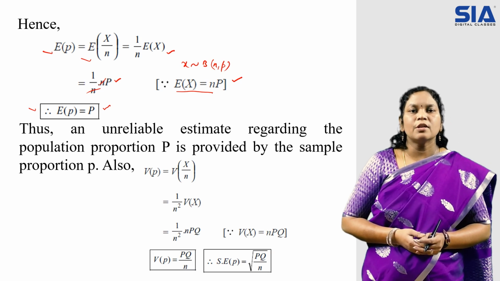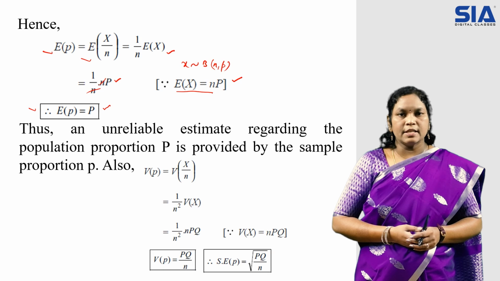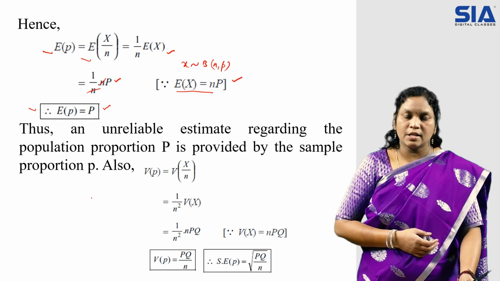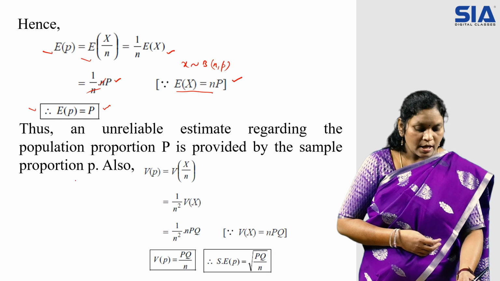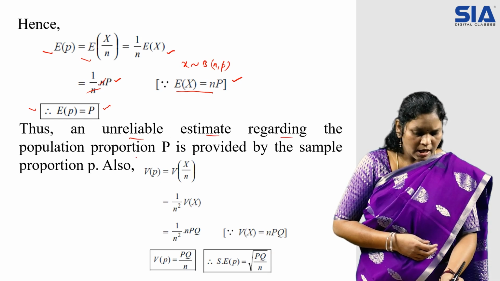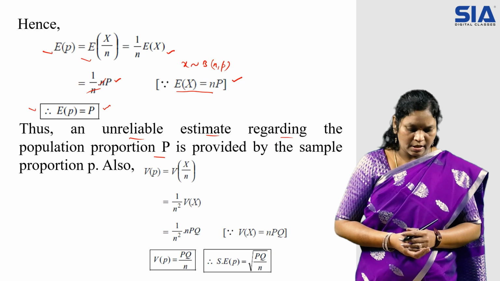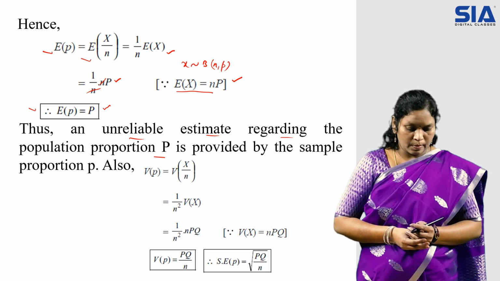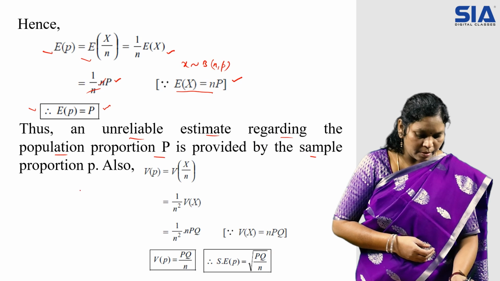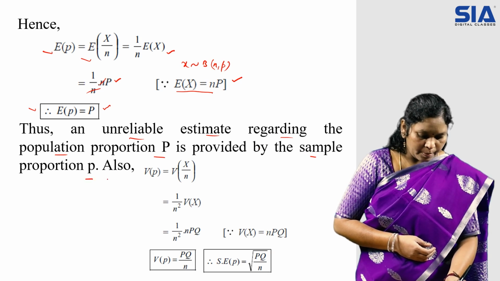Similarly, let us check variance, or standard error. Let us check first the variance, then we convert into standard deviation or standard error also. So the population proportion capital P is estimated by the sample proportion, small p.